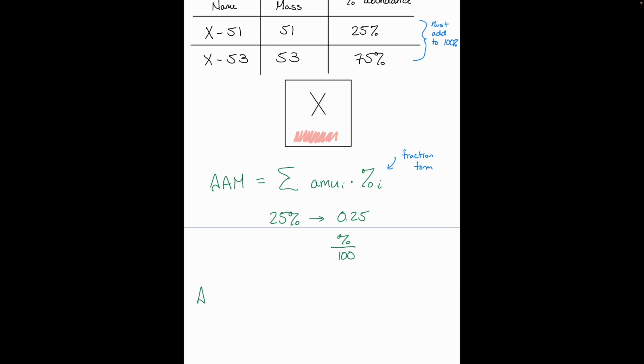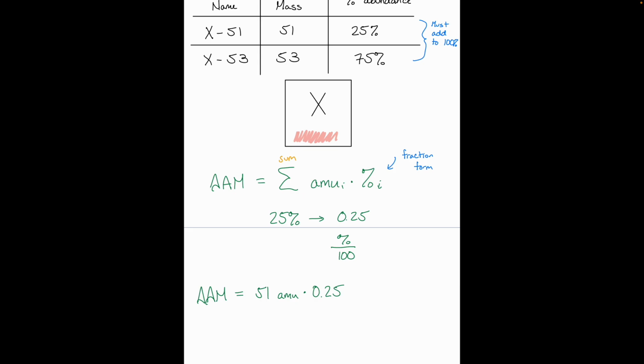All right, so then if we're going to do our calculation, I'm going to write it all out here. Our average atomic mass is the mass of that first isotope, 51 AMU, times its abundance in fraction form, 0.25. And again, we got that fancy uppercase sigma here, meaning the sum. So now I have to add on my other isotope.